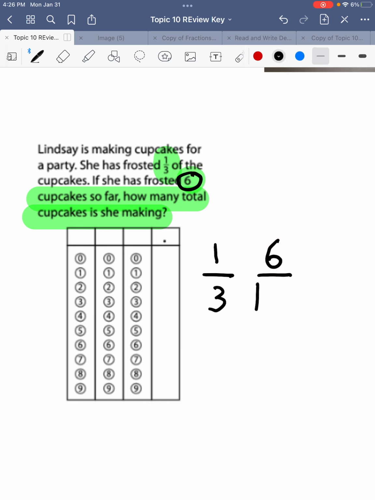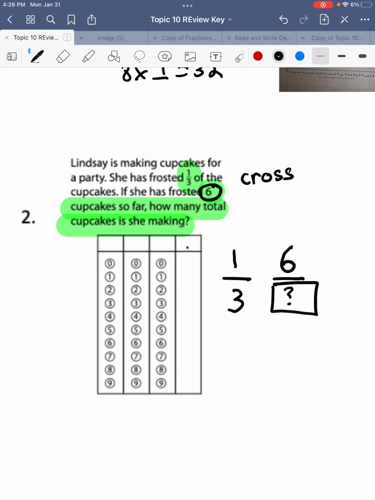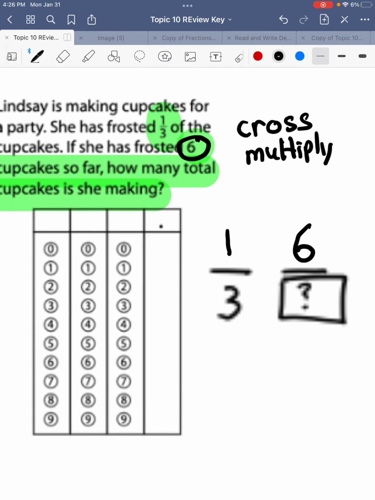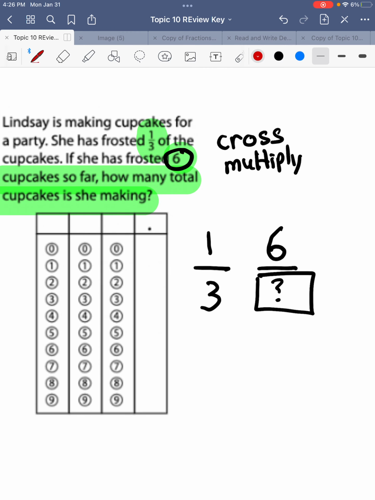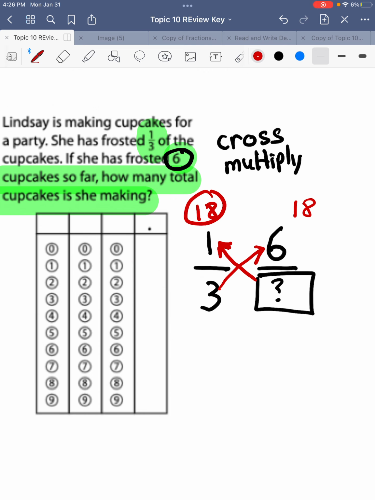Now I need to figure out what number goes in this box, okay? To do this problem, I need to cross multiply, okay? I need to do the butterfly. So I'm going to start with 3 times 6. If I do 3 times 6, I get 18. That means that whatever number is here, if I multiply it by 1, I should also get the same number, 18.